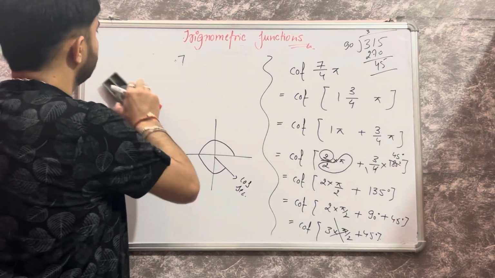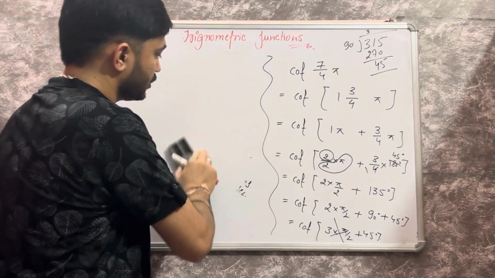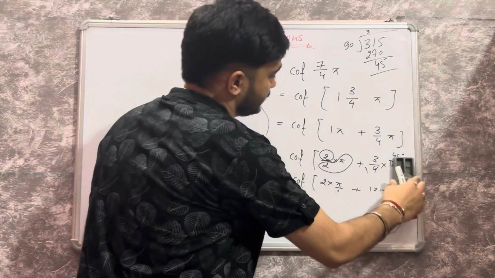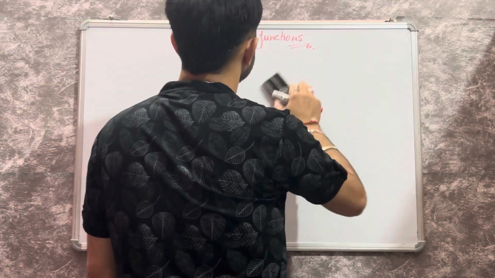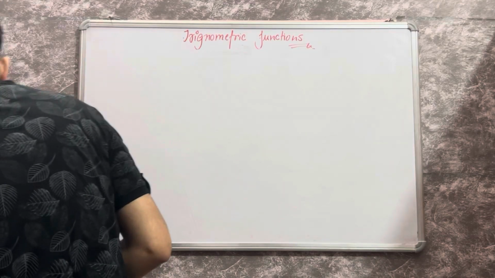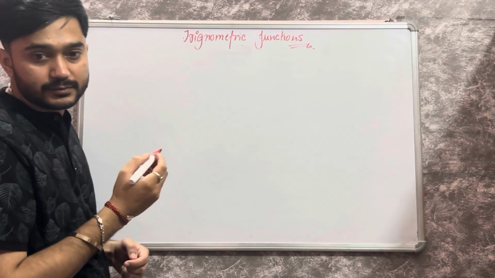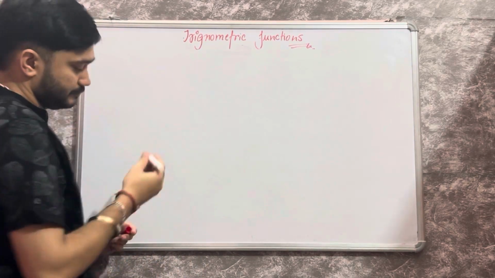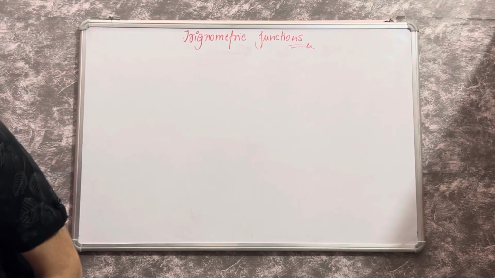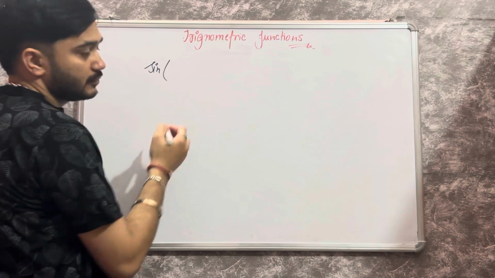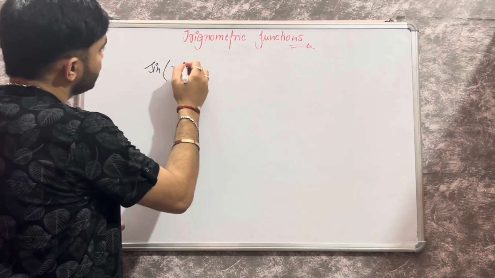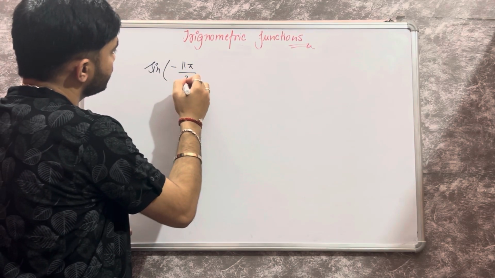Moving towards the next question, that is of negative sign. How are we going to solve this? What if the question is sine of minus 11 pi by 3?